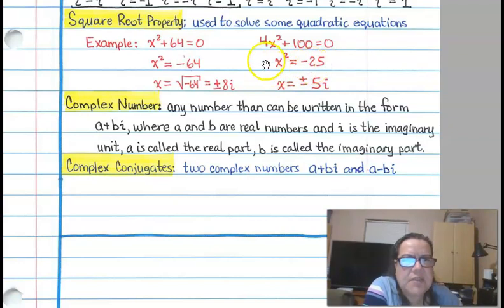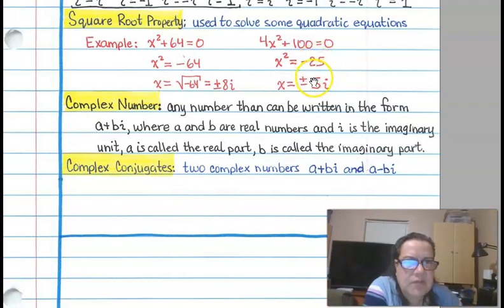How do you solve for x? Take the square root of both sides. So the square root of x squared is just the x, right? And that is equal to, okay, here we go, square root of a negative 25. I know how to take the square root of 25. It's 5 times 5 or negative 5 times negative 5. So that's what this plus or minus is, this is like or. It's positive 5 times positive 5 or negative 5 times negative 5 that gives you that 25, right?